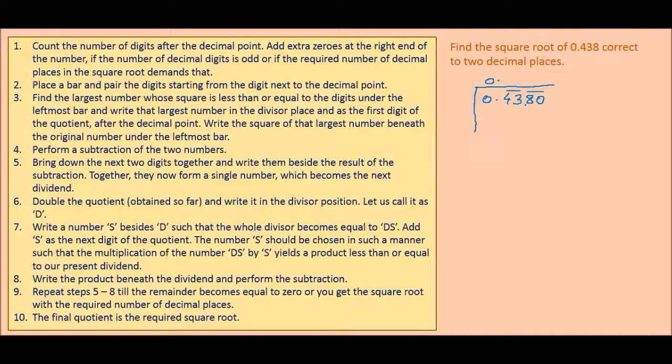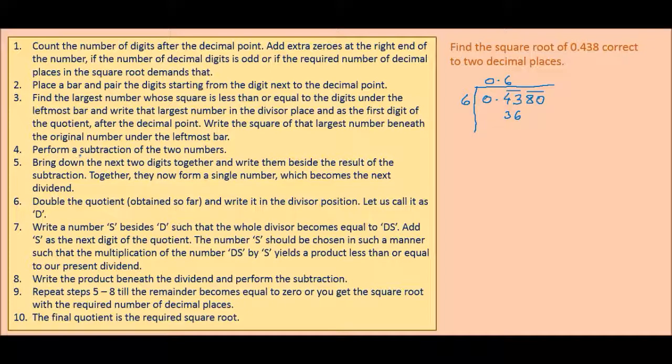So we have to take 6 squared. Therefore, the largest number will be 6. So we write 6 over here and 6 over here. Write the square of that largest number beneath the number under the leftmost bar. So 6 squared is 36, and we write 36 below this 43.